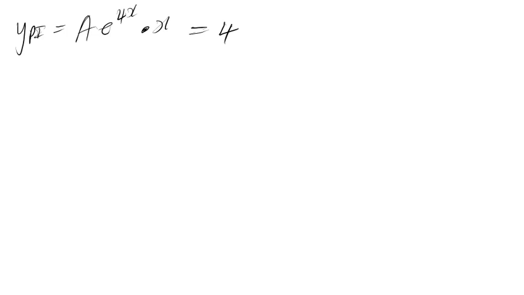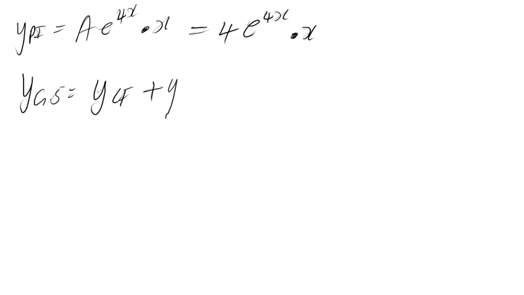So a equals 4, giving 4e^4x times x. Then from here you say y general solution will be equal to YCF plus YPI. So you're just going to combine them.